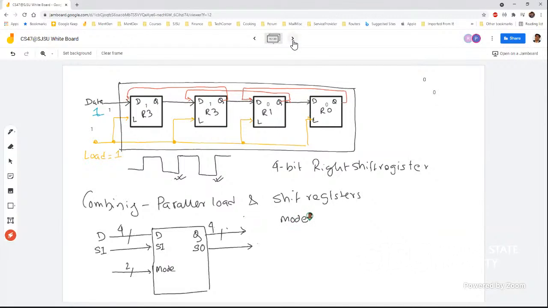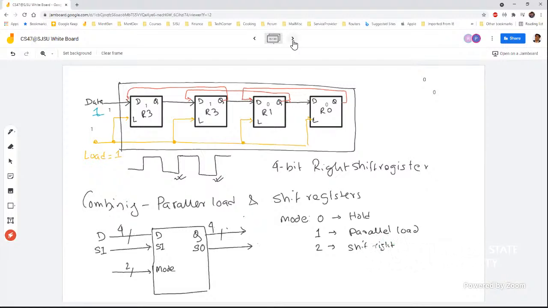Exactly. So mode 0 is maybe hold the data, whatever you are storing, keep it. Then mode 1 is parallel load, where you load it from the D inputs. Then mode 2 is shift right.